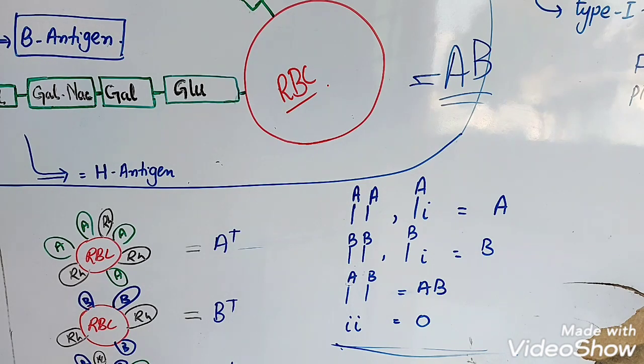Why? Because the further modification of H antigen requires the second enzyme, either transferase A or transferase B. So no more modification in the H antigen. The person's blood will have only the H substance and the blood group will be O. This is how the ABO blood group gets assembled.